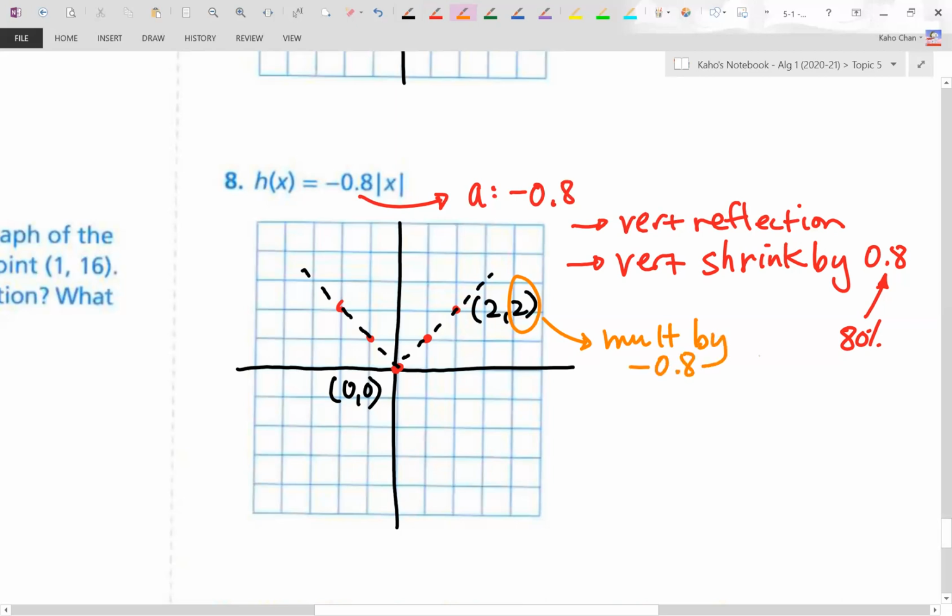And when I do that, I get negative 1.6. And it's upside down, yeah? Negative 1.6 is right about there. And there it is, ladies and gentlemen. It's upside down and it's shrunk. Yay. All right. Last one.